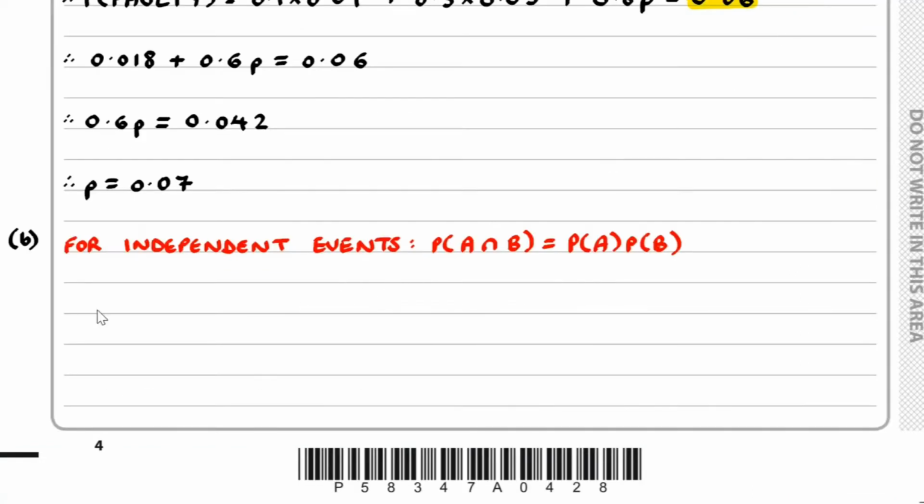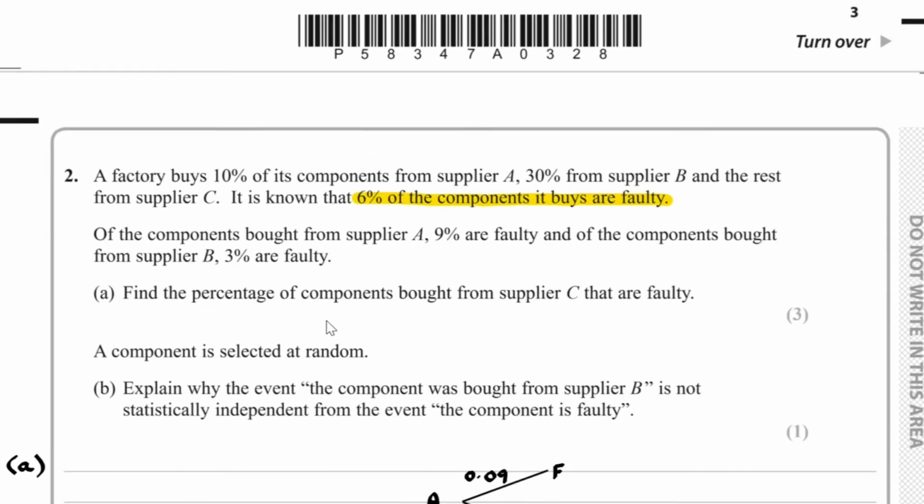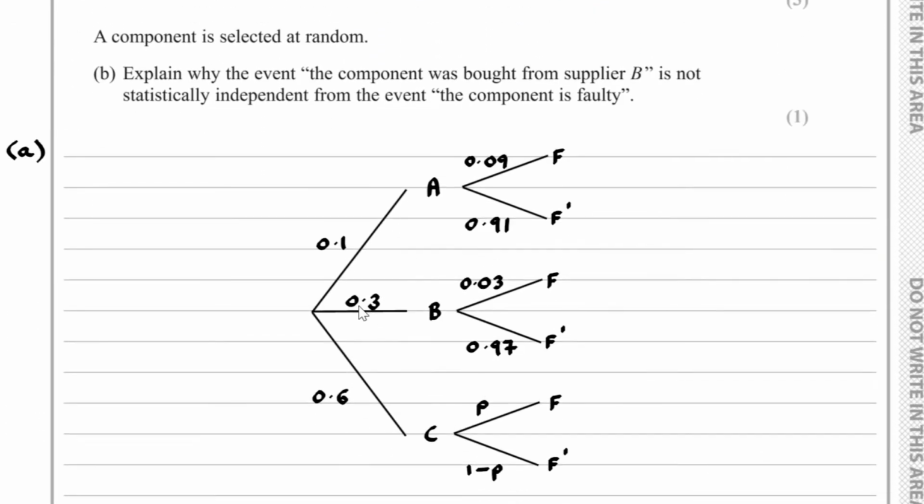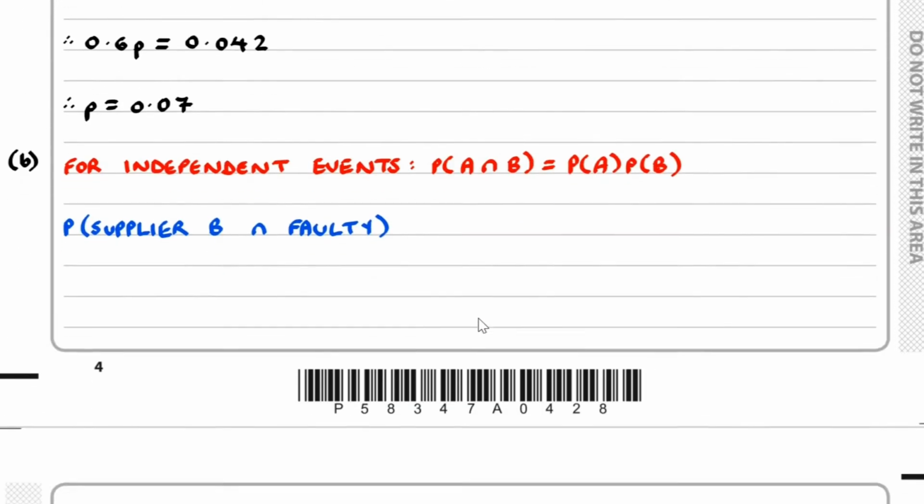Now we know for independent events the probability of A and B is equal to the probability of A multiplied by the probability of B. Now the probability that we select something from B and it being faulty, well, that's 0.3 times 0.03.